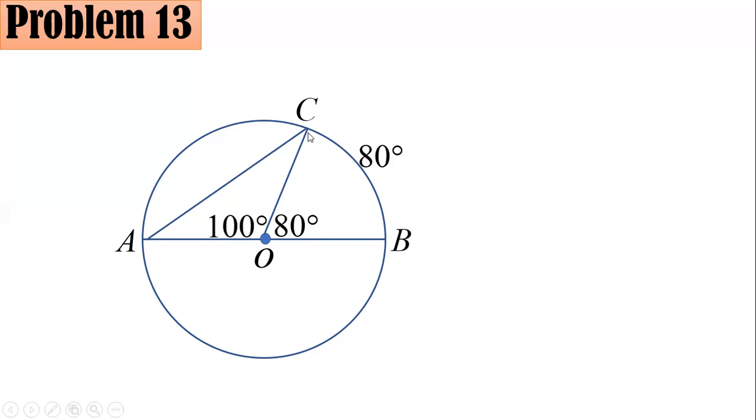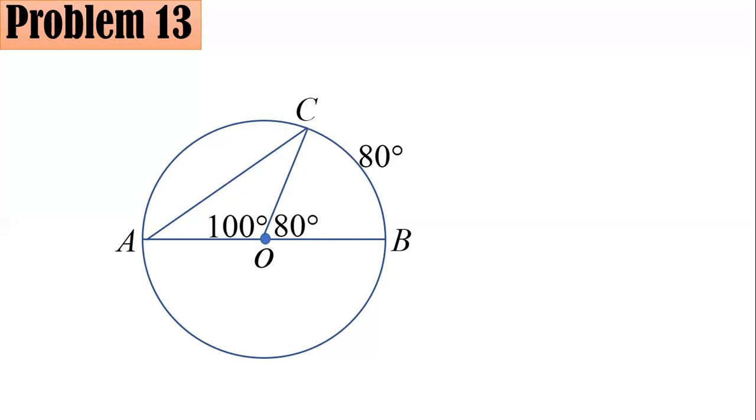It should be 100 degrees. Why? Because this is actually a straight line. And therefore, these two angles here would add up to 180 degrees. That's why 180 minus 80, this is 100 degrees.